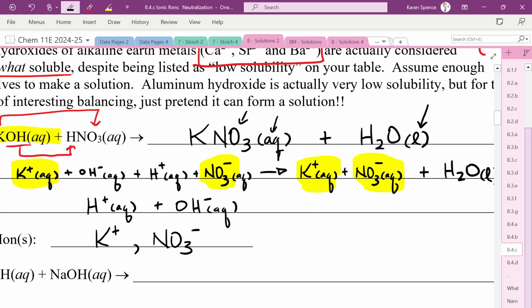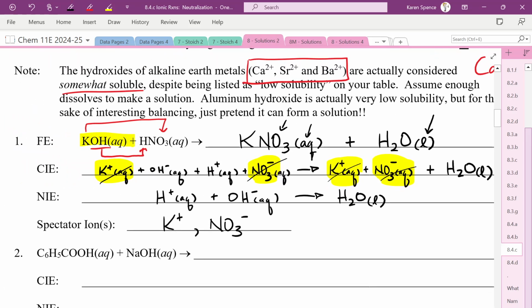I usually like to write my cation first and my anion second, but it doesn't matter. Your choice. H2O, liquid. So reminder, for our net ionic equation, all we have to do is take our complete ionic equation and cancel out the spectator ions and we get our net, okay?